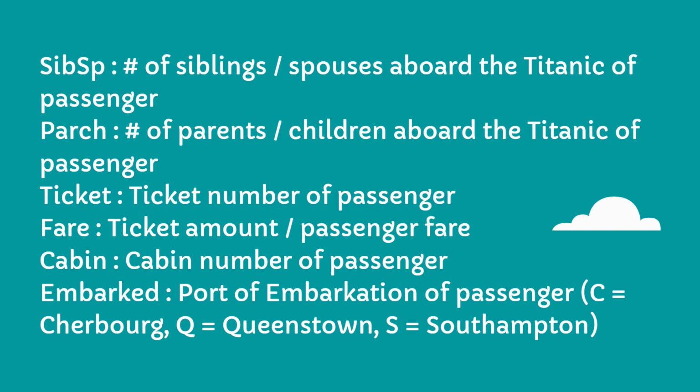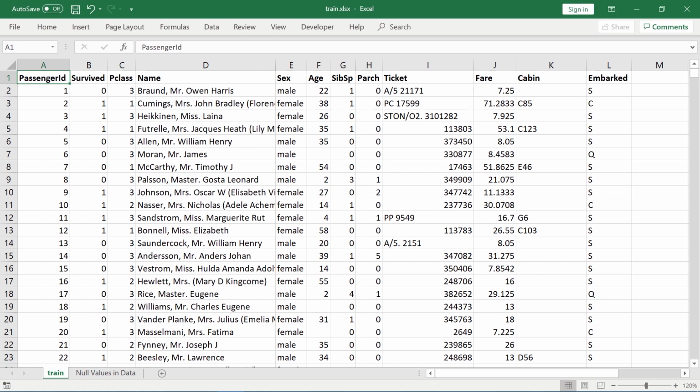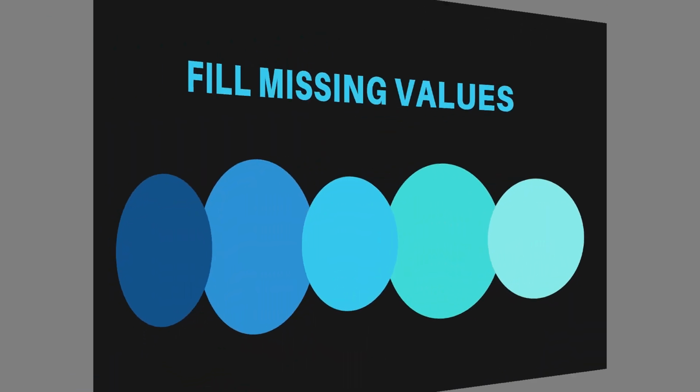So basically we have 3 stations where Titanic boarded its passengers from. C indicates Cherbourg. The next value is Q, which indicates Queenstown. The next value is S, that is Southampton. So these are the 3 ports where the Titanic ship boarded its passengers from.